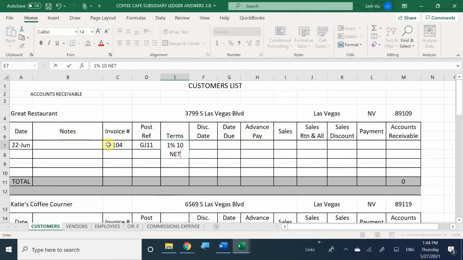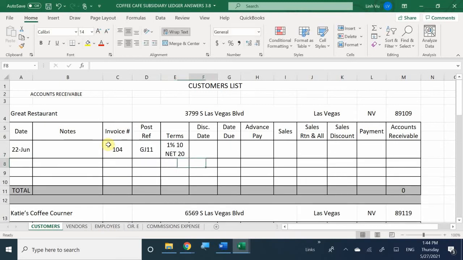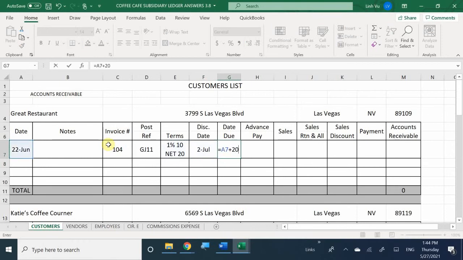Discount date is going to be the 2nd of July. Due date is going to be the 12th of July. They haven't paid anything, no advance payments.